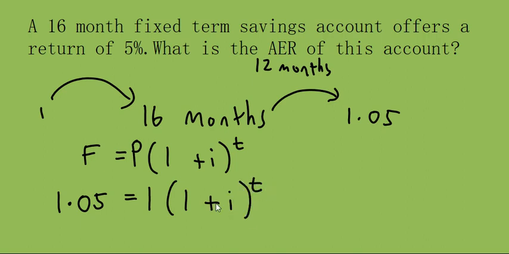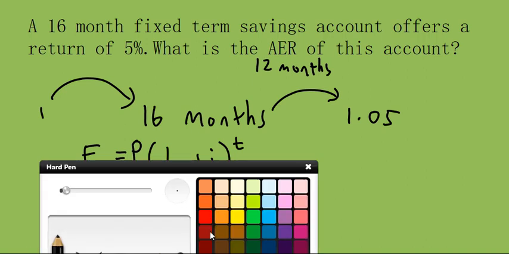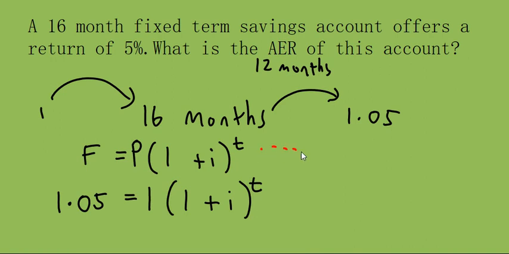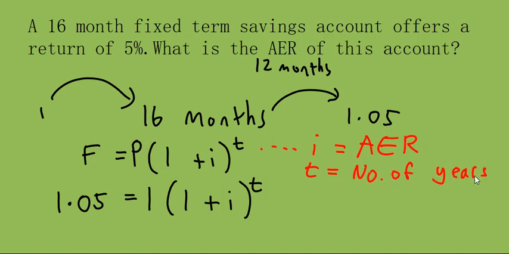So we're going to focus on these I and t. I here represents the AER, I equals AER, and t represents the number of years. So 1.05 is the amount that this is increased to after 16 months.